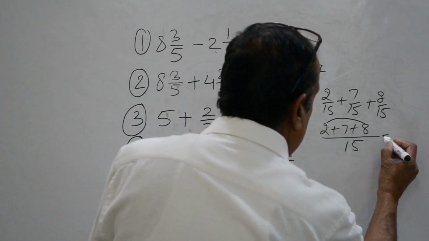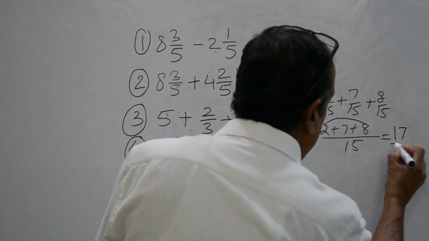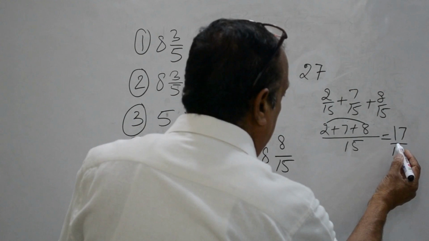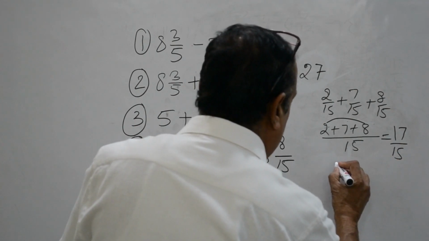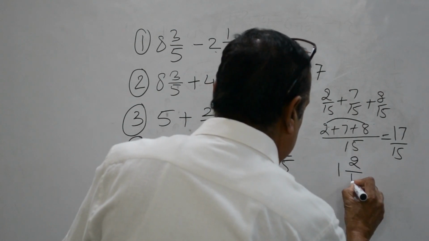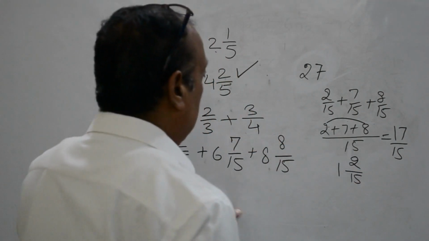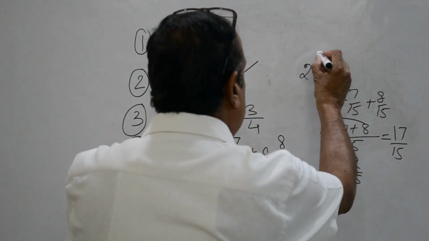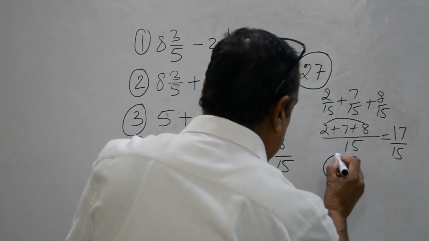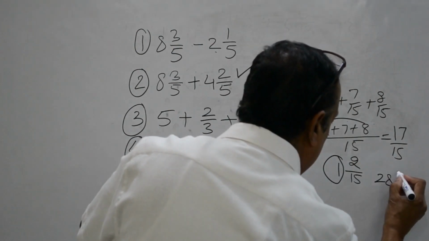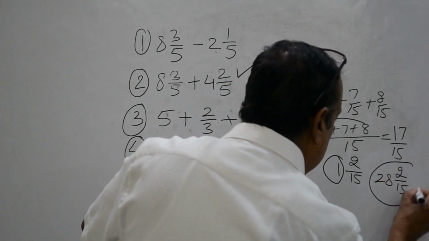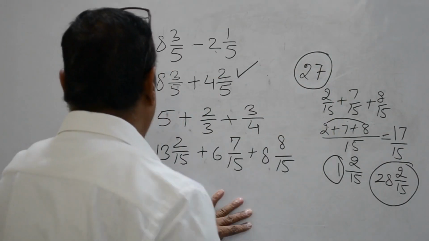So it is 17 upon 15. So let us convert it into a mixed number. It becomes 1, 2 upon 15. So the whole number is 27 and 27 plus 1 is 28 and 2 upon 15. That is the final answer of problem number 4.